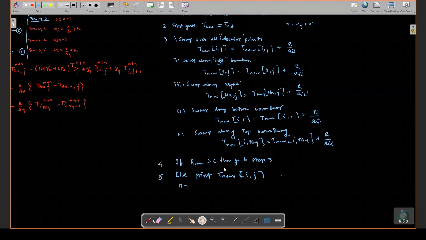So next time also we have to check. At n = 1 itself, we have a lot of loops. This is one loop, another loop, another loop, another loop. Within all these 4-5 loops, they should converge and give you the value. So here there is a loop till we get the RMS criteria. Once we get it, we print the value.